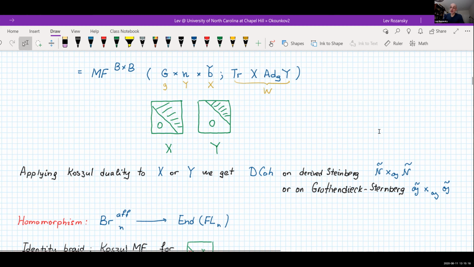So you get categories which were previously used by Bezrukavnikov and Bezrukavnikov-Riche for constructing categorical action of the braid group. Again, from their point of view, it's not easy to see that Steinberg or Grothendieck-Steinberg will give you two equivalent representations of the braid group.